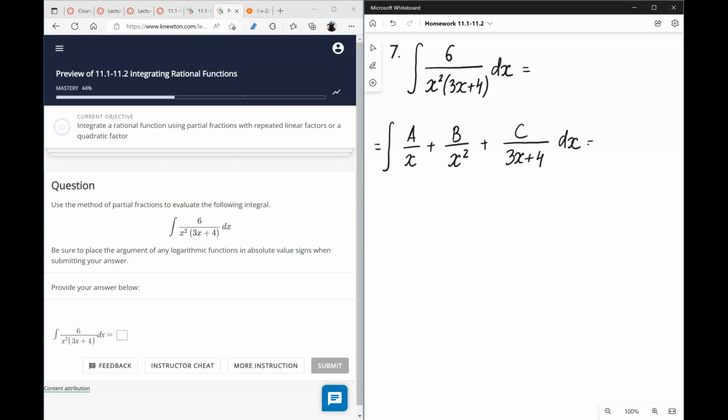That's the partial fraction decomposition theorem. Now, according to the partial fraction decomposition process, we should be able to find A, B, and C.